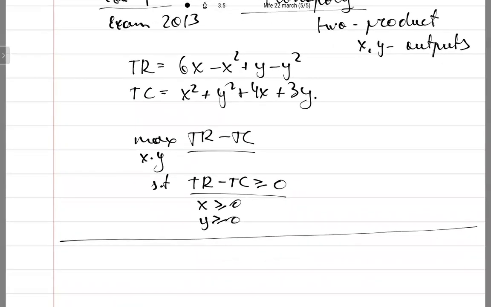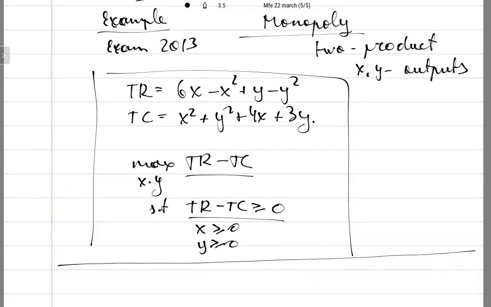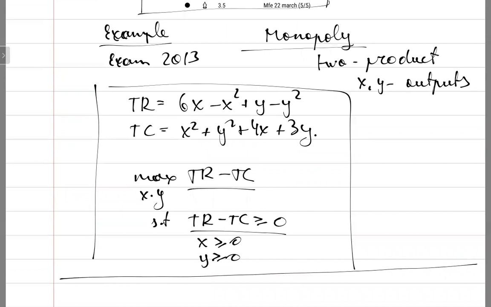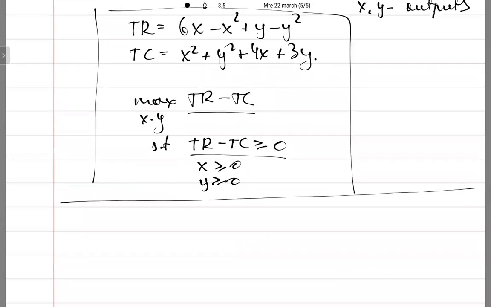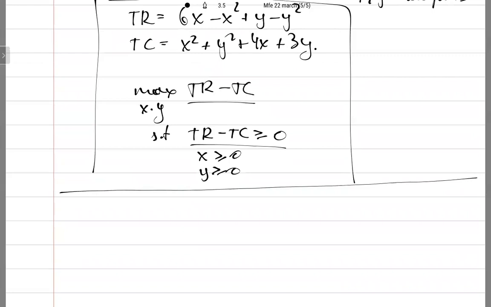I may forget about monopoly, firm, and so on, because everything is stated as a purely mathematical problem, so I will ignore the meaning of x and y. Basically, we need to check the non-degenerate constraint qualification.